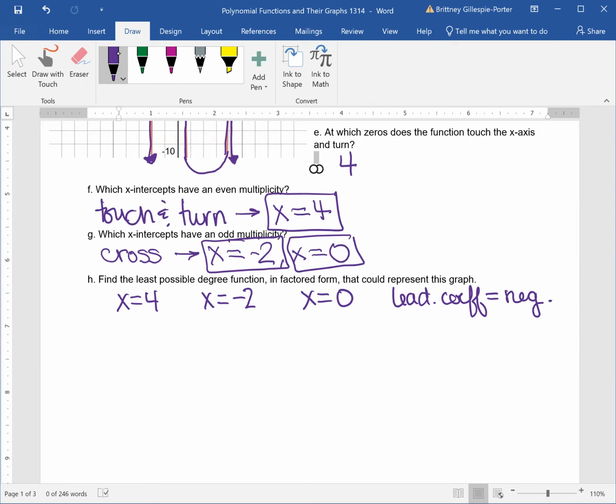All right, we are going from the answers and working our way backwards. So if we have x equal to 4, that came from the factor x minus 4. If we have x equal to -2, that came from the factor x plus 2.